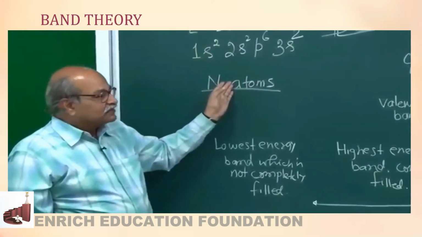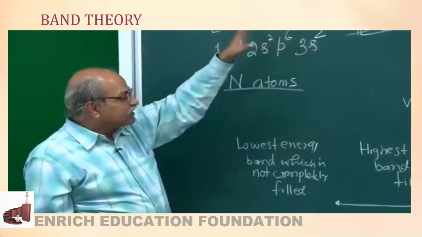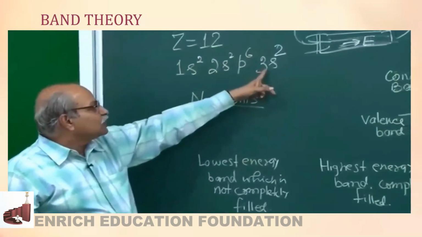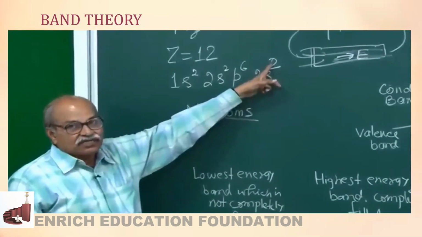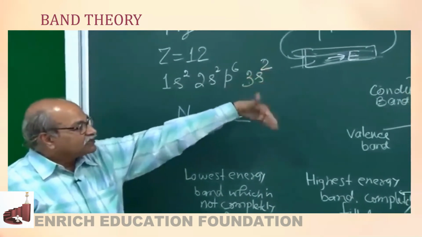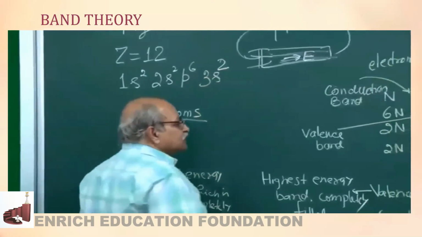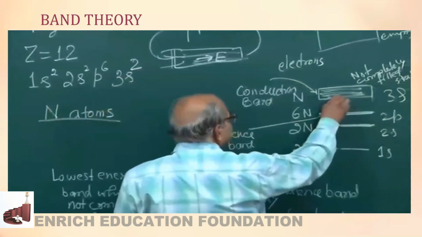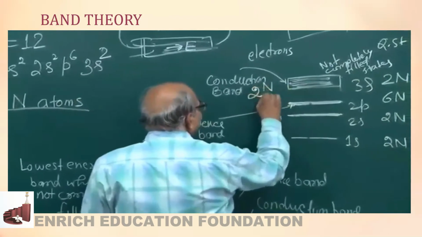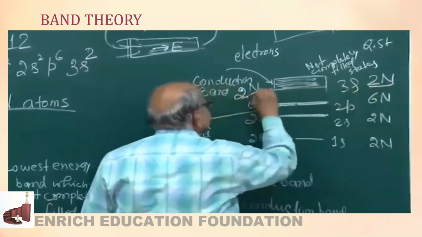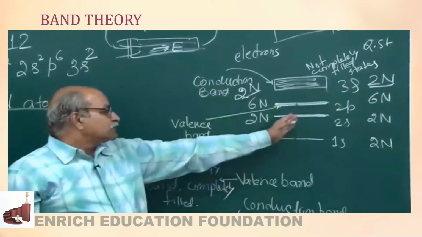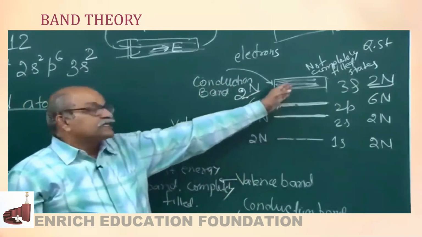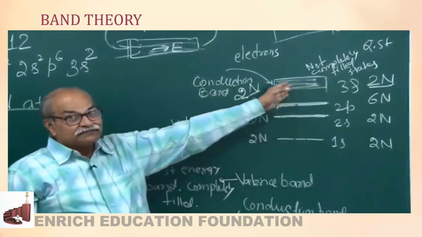You have those bands, and now for 3s also, for each atom you have 2 electrons. That means after this splitting, this also has now 2n electrons and 2n quantum states. So this is completely filled, this is completely filled, this is also completely filled.